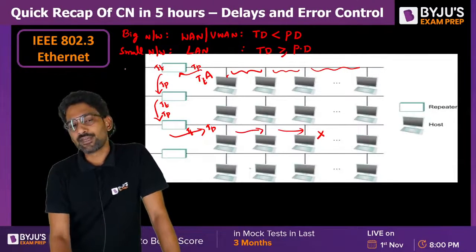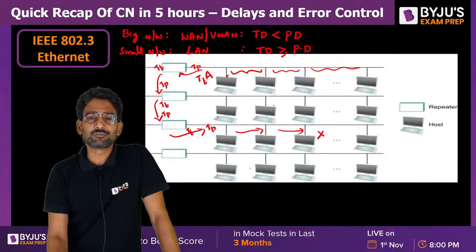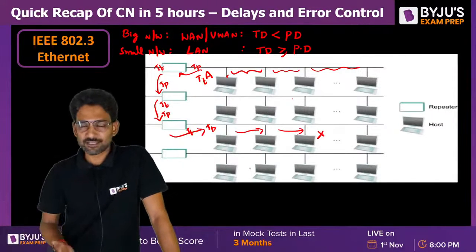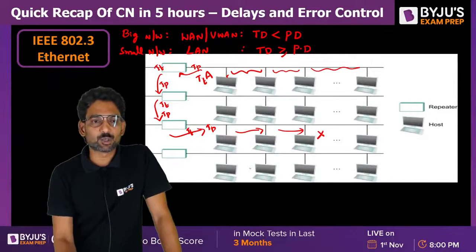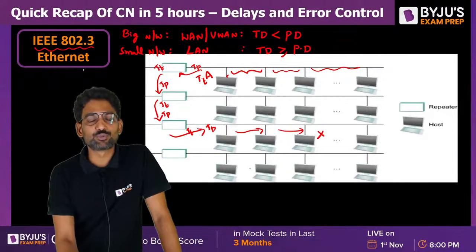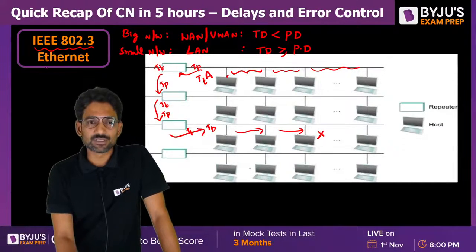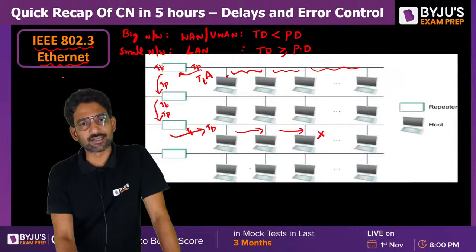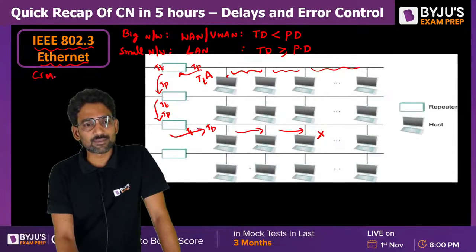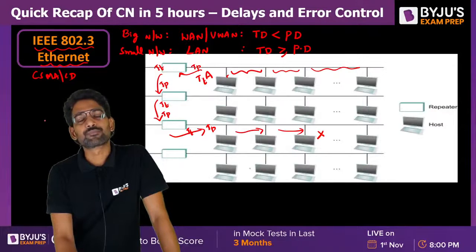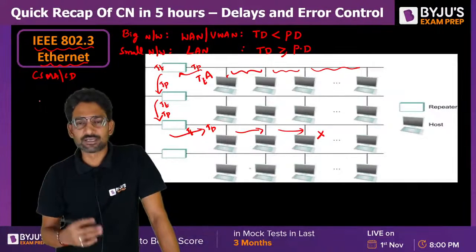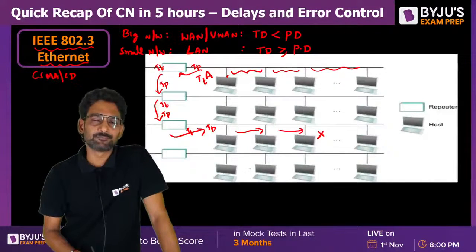So guys, we have a local area network with different standards. There is a standard called IEEE 802.3, which is technically called Ethernet, that follows CSMA CD technology. We will talk about this sometime later.